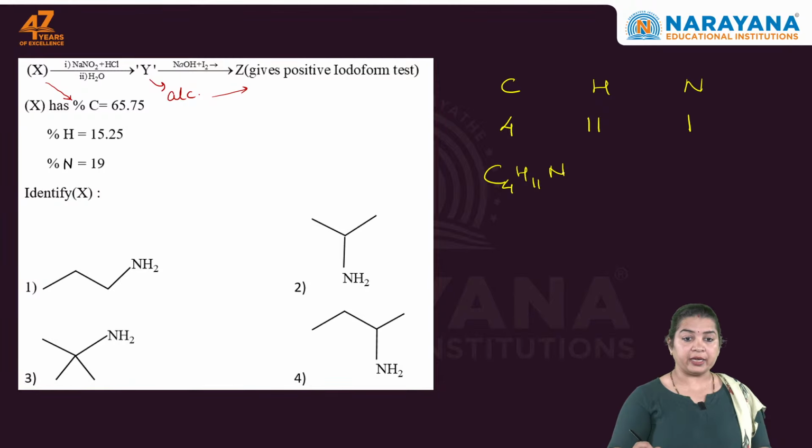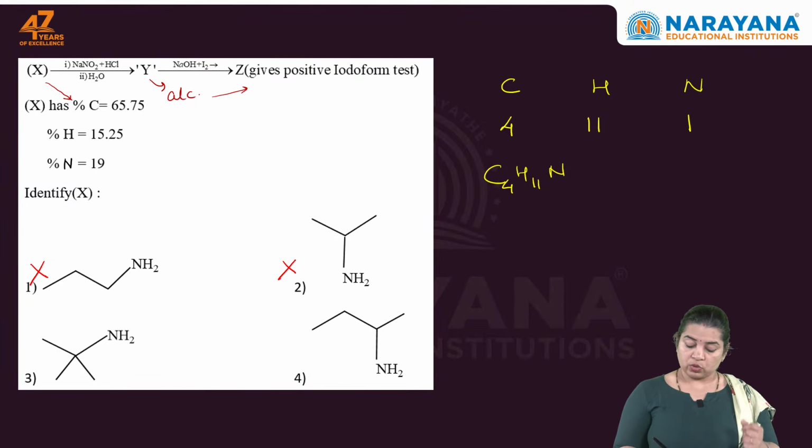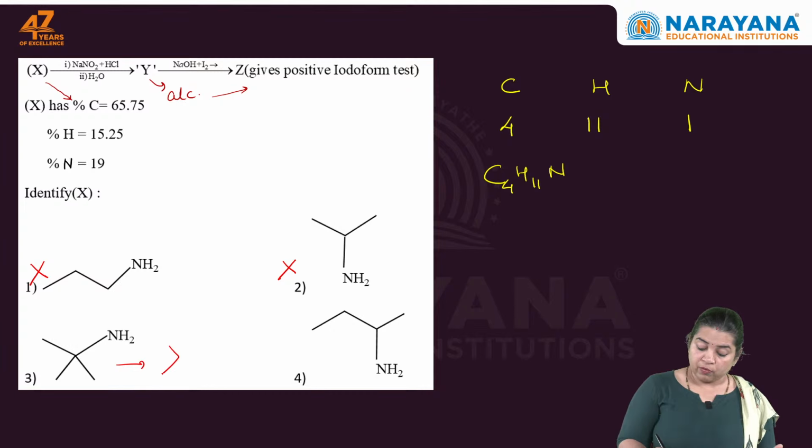So it is C4H11N. Now I have to look for a compound which is a primary amine and is having 4 carbon. Primary amine with 4 carbon, and thus the options which are no more relevant are first and second, which are 3 carbon compounds having primary amine. But if I take third, then the alcohol formed will be this.